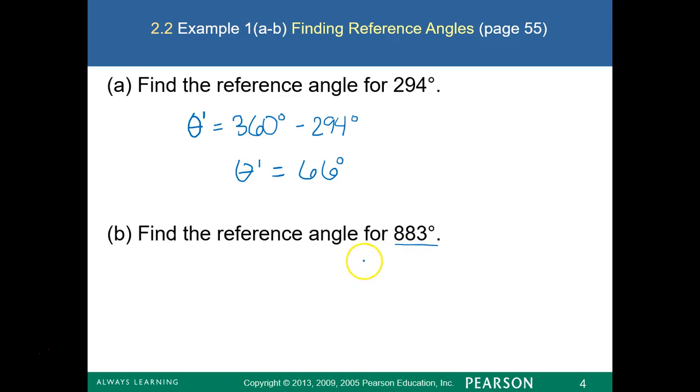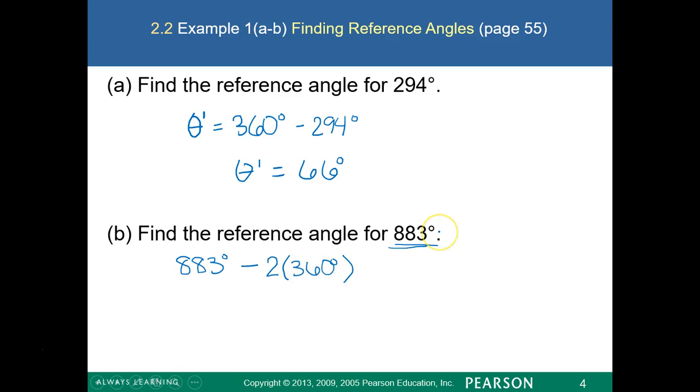So subtract 360 as many times as you need to get a coterminal angle that is between 0 and 360. All right, so let's do that first. We are going to say 883 degrees, this is finding the coterminal angle, minus 360. I'm going to say we're going to need to do it at least 2 times. Let's see where that gets us.